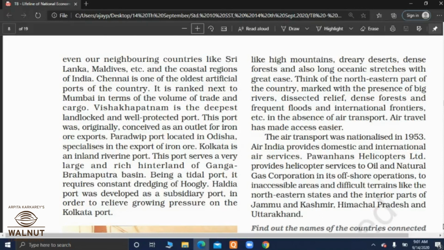Air transport was nationalized in 1953. Air India provides domestic and international air services. Pawan Hans Helicopters Limited provides helicopter service to the Oil and Natural Gas Corporation in its offshore operations, and to inaccessible areas and difficult terrains like the northeastern states and the interior parts of Jammu and Kashmir, Himachal Pradesh and Uttarakhand.